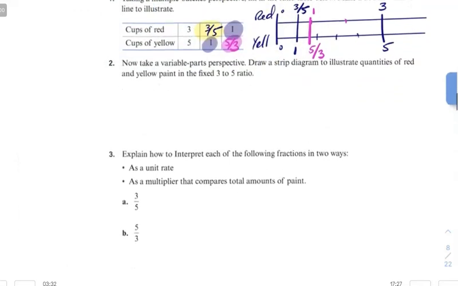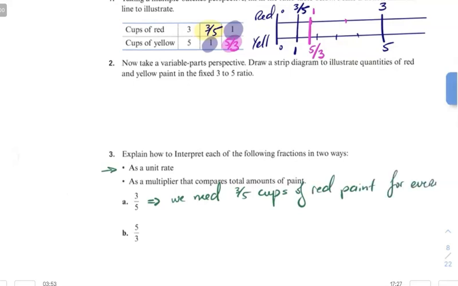So for example, if we were to describe 3/5 as a unit ratio, we would say we need 3/5 cups of red paint for every 1 cup of yellow paint.